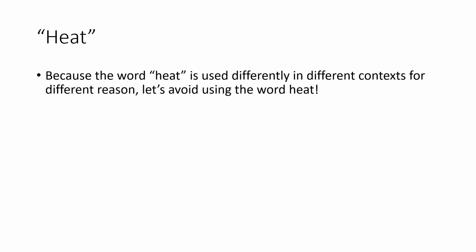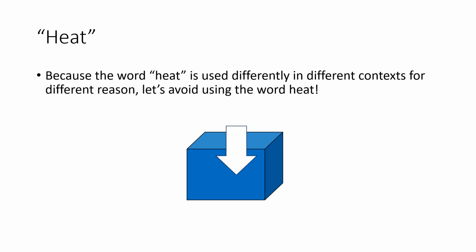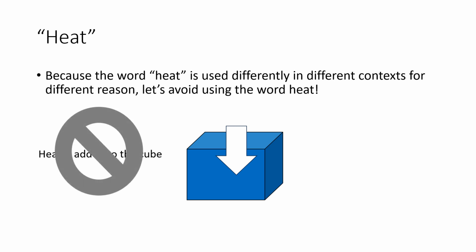We're going to talk about heating and cooling as processes and just refer to the energy as energy. So when we look at the cube from our example, we may say that heat is added to the cube, but that's really not the best way to say that. We're going to try to avoid using a term like that.